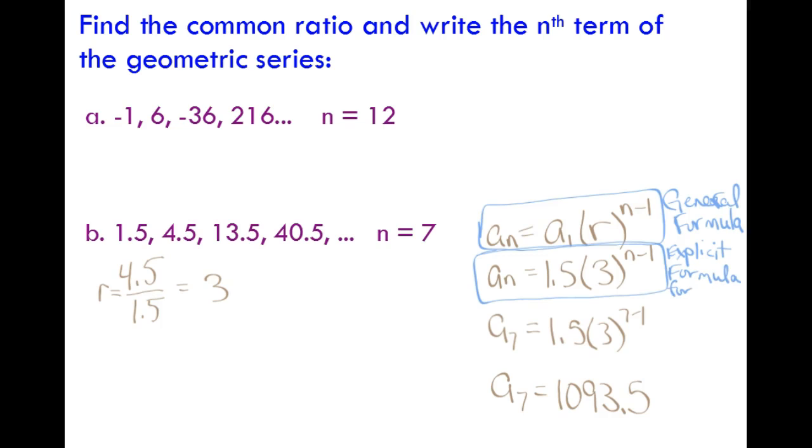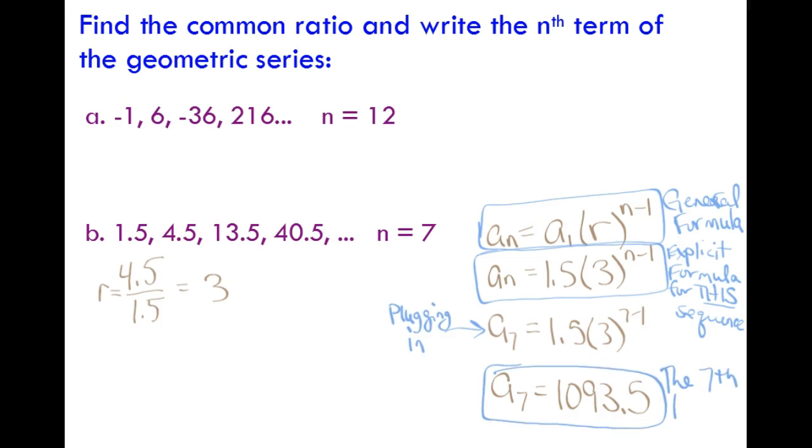I'm going to write that for this sequence. This is just plugging in. So that's not really it. That's never going to be an answer to anything. And this is the 7th term in the sequence.